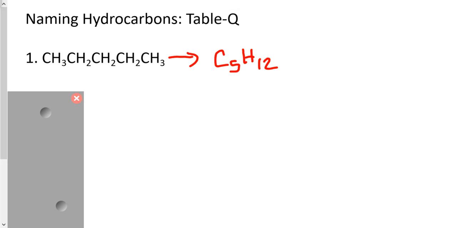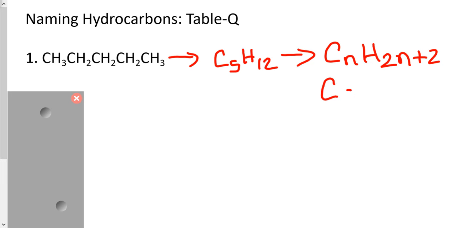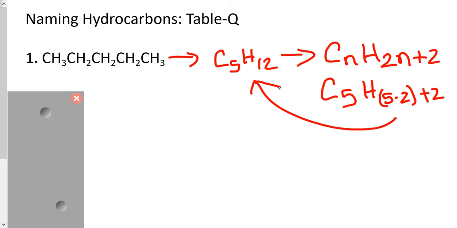Therefore, the general formula that fits this chemical formula is CnH2n plus 2, where n equals 5. So if you have C5, then H should be 5 times 2 plus 2, which is C5H12.